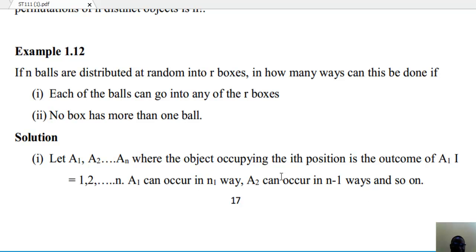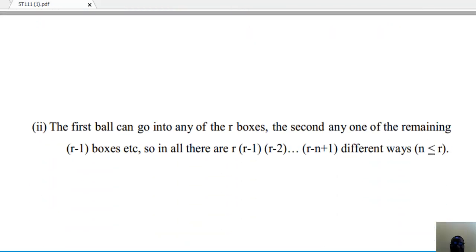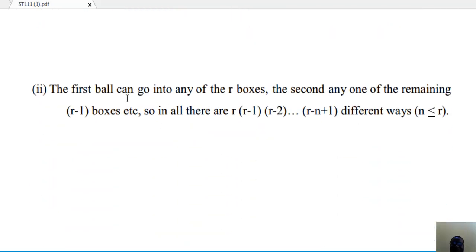Let a1 ... be in different positions, I mean the different boxes. To find out how many ways they can be distributed, it's going to be r multiplied by r minus 1, multiplied by r minus 2, up to r minus n plus 1. You can try.